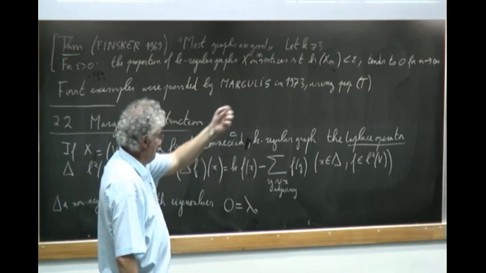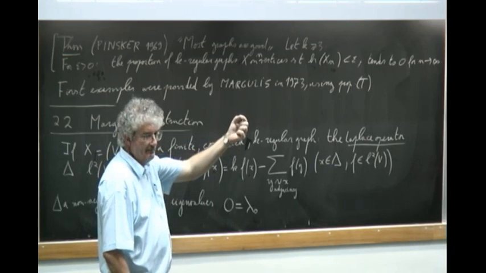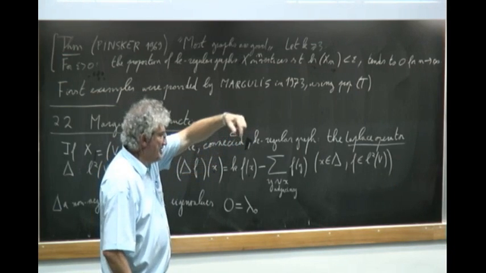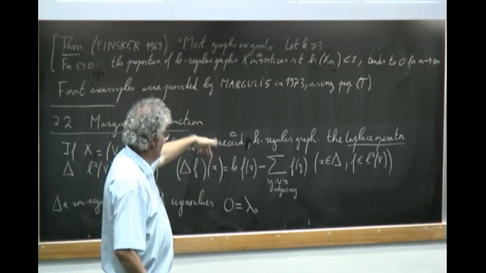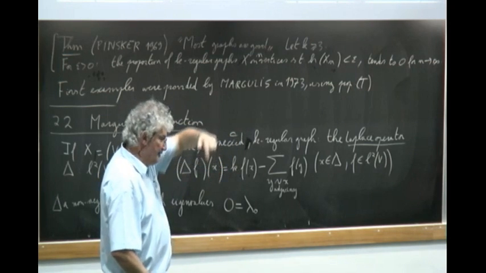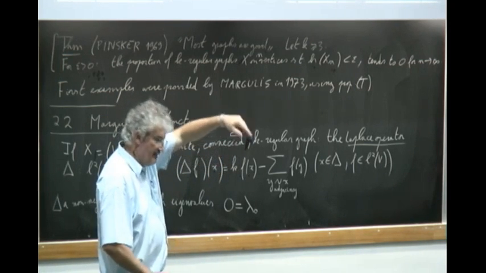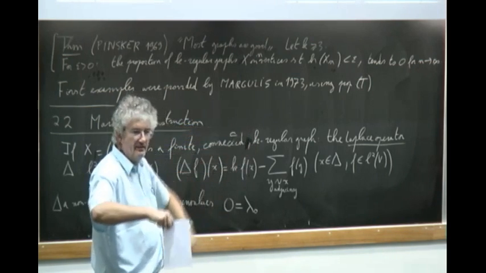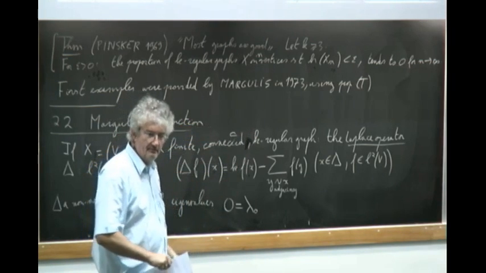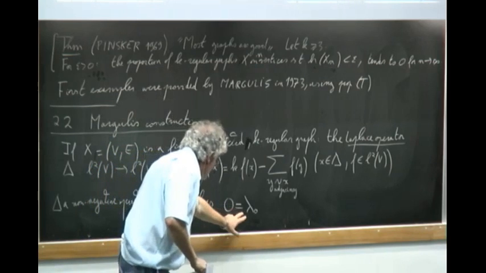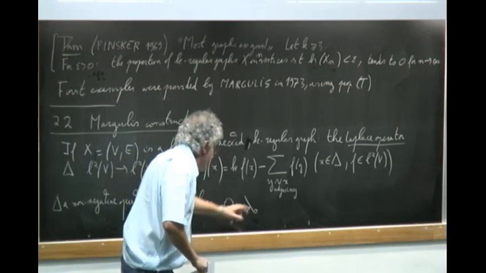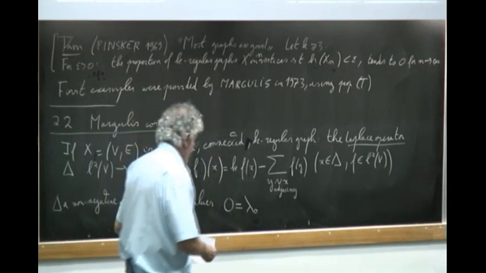Take a vertex where the value is maximum. Because of the mean value, this maximum is also attained on the neighbors. Then you extend little by little, and you prove that your function is constant. So zero is an eigenvalue of multiplicity 1.